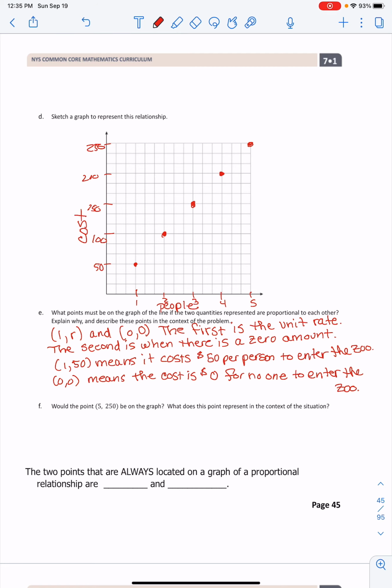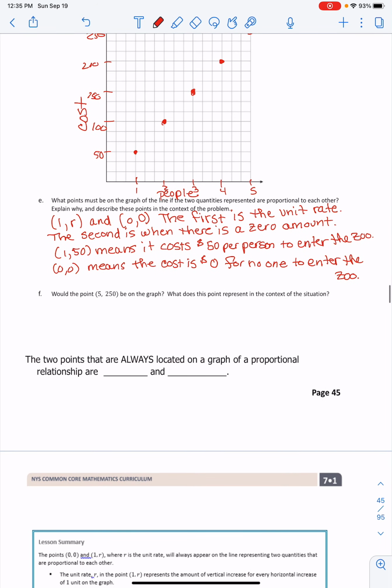So it says, would the point 5, 250 be on the graph? Yes. What does the point represent in the context of the situation? It would cost $250 for 5 people to enter the park.